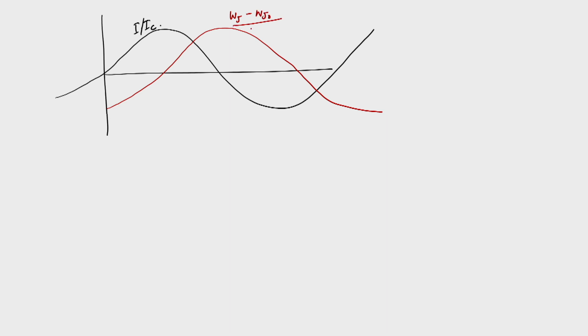This is just a normalizing factor, phi_0 I_c over 2 pi, and that variation is shown as a function of delta phi. And there is a sinusoidal variation that one can see here.